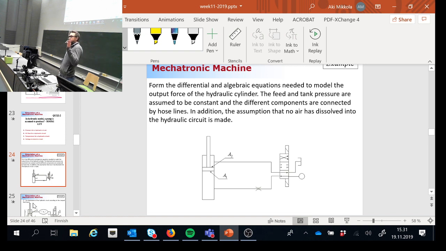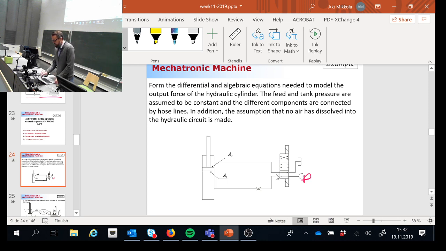So here's the hydraulic circuit that I would like to model. And let me explain what I have here. I have a pressure source. The pressure source is connected to a direction valve, which is magnetically operated. This direction valve has 3 operation positions and 4 ports that are connected.